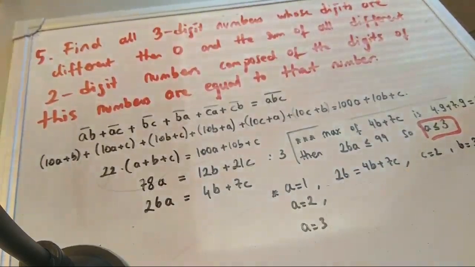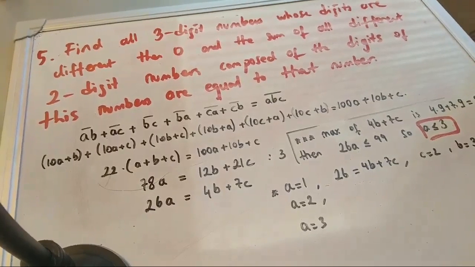Tell me the answer. I got first A, B, C. A is 1, B is 3, C is 2. So the number is 132.